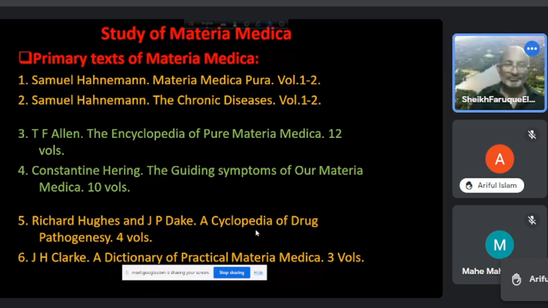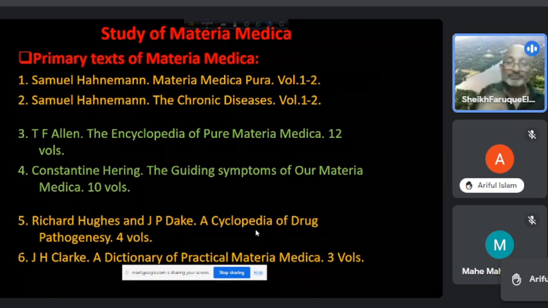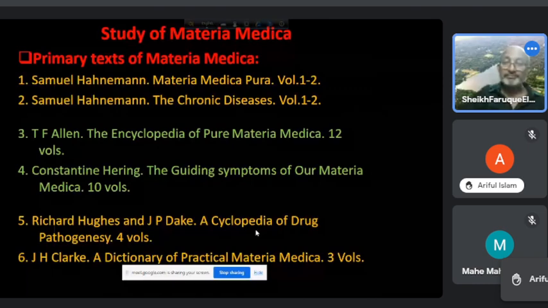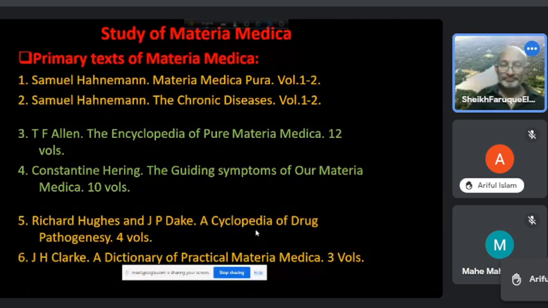He said, no, these sort of symptoms, these are not dependable symptoms. So, which symptoms came out by lower potency, these are most definitive. So, there is a controversy, we are not going to that one. That's why if you study his Cyclopedia of Drug Pathogenesis, you find mostly the symptoms elucidated by lower potency, but also it's a good book.